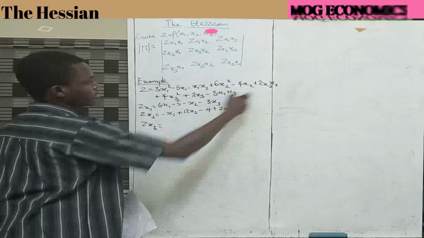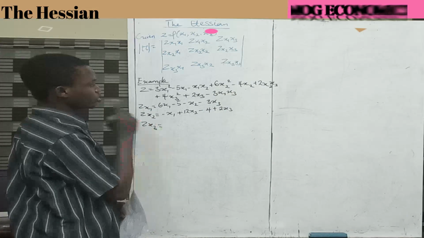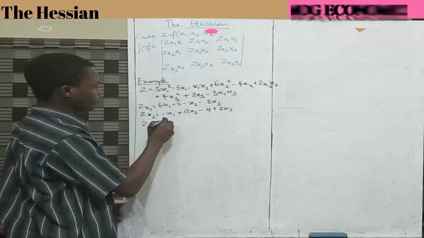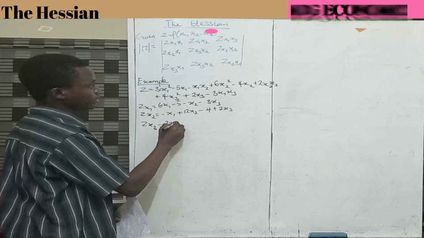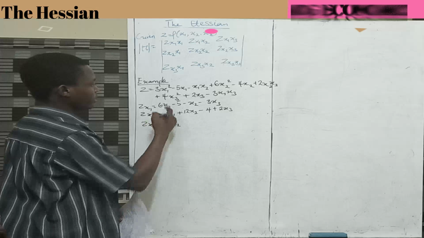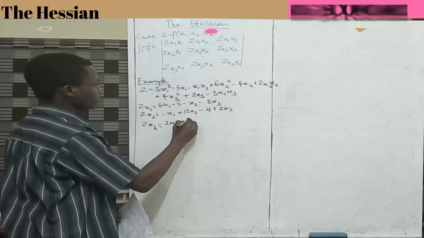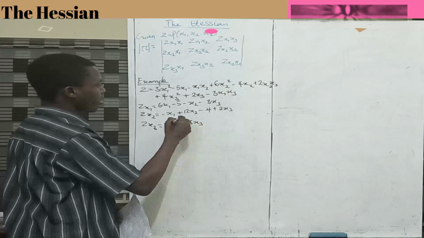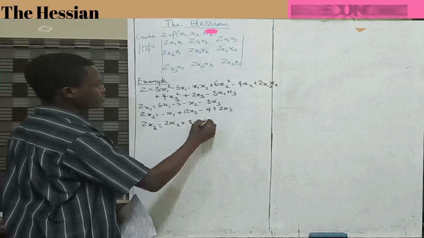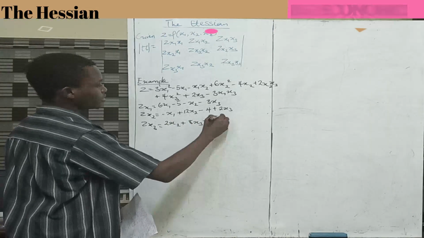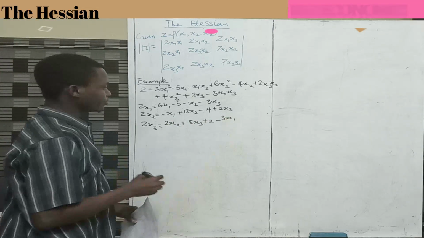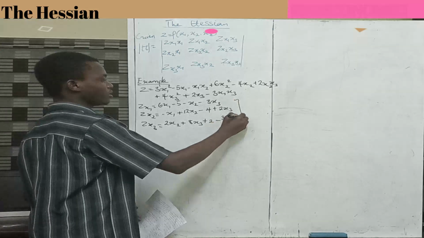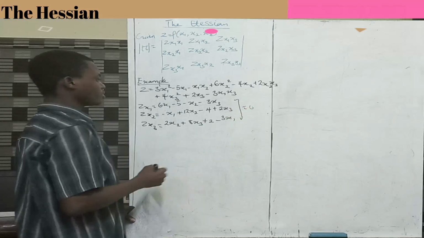So z_x3 equals: x3 is here, so we have 2x2, and x3 is there, plus 8x3 plus 2, then minus 3x1. So optimizing the whole thing, you set them equal to 0.